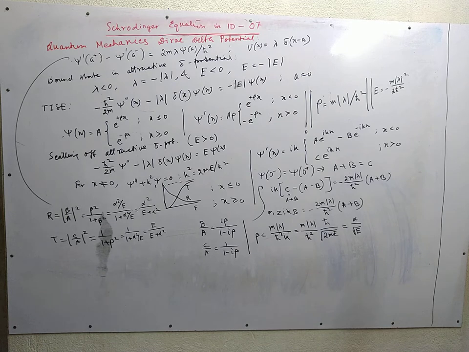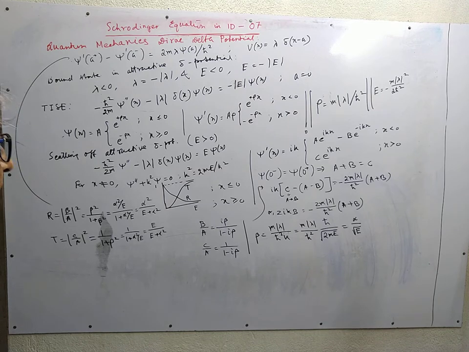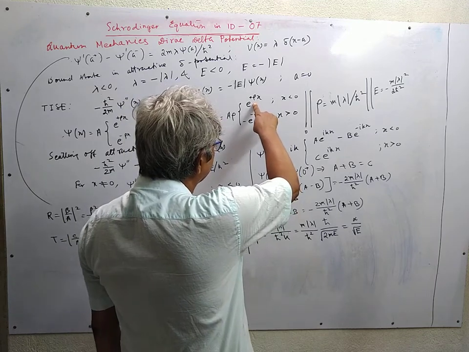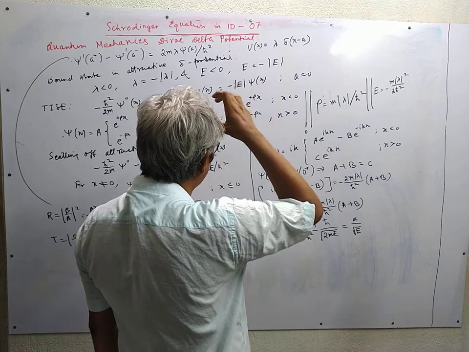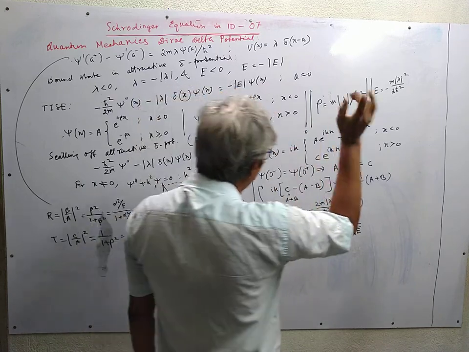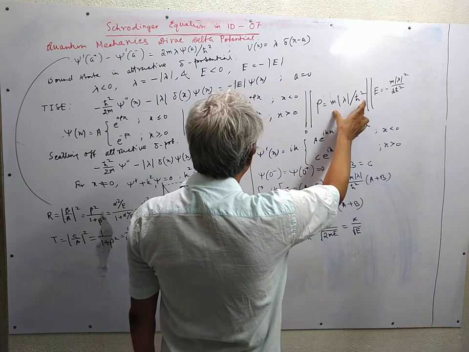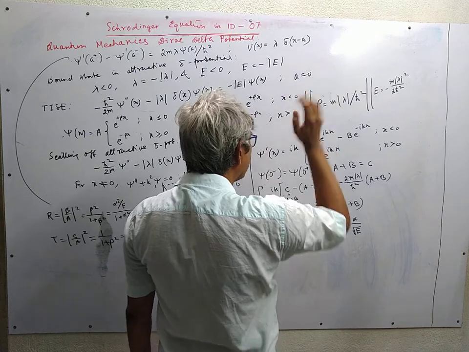If we use repulsive delta potential, it is very easy to show that it doesn't sustain any bound state, because the wave function goes as e to the power rho mod x, and for repulsive potential rho will be negative, so the wave function will blow up on either side.